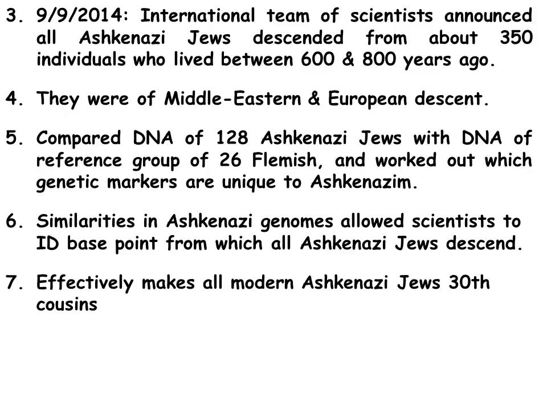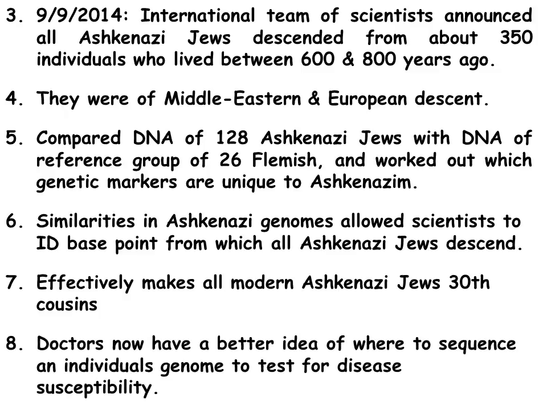After they did some calculations, they realized that this makes all modern Ashkenazi Jews 30th cousins. So they have a much higher risk of being a carrier and transmitting a mutated gene. So why bother to do this?